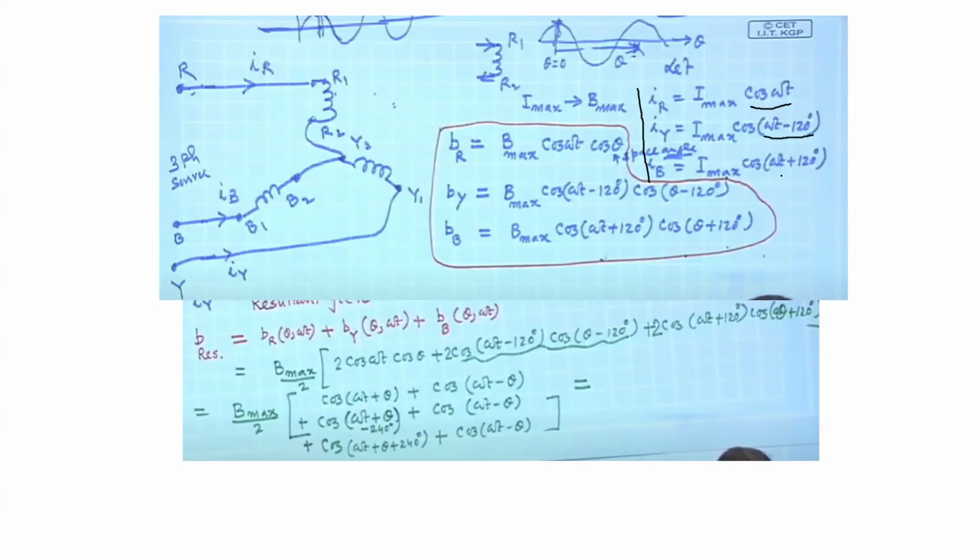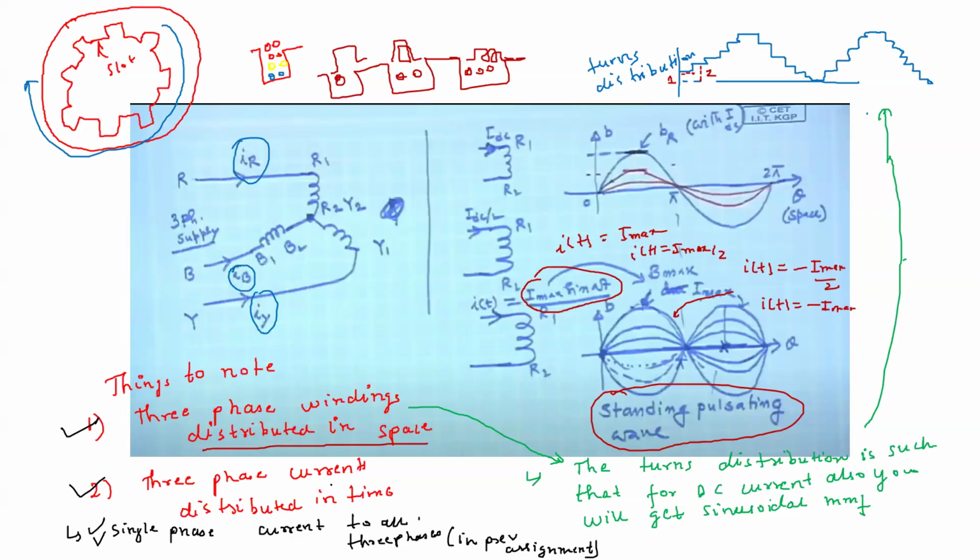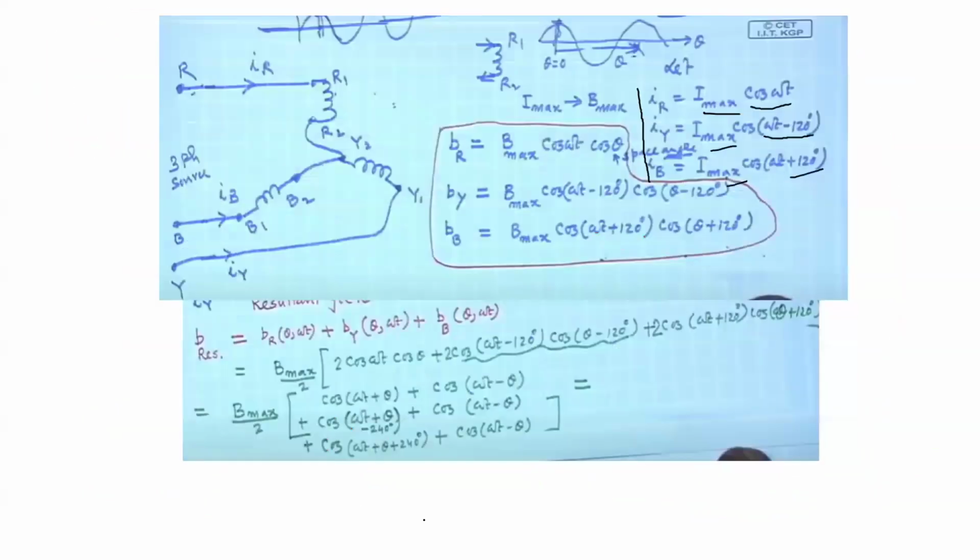Three phase balanced supply current means they have the same magnitude Imax, but there is a phase displacement of 120-degree. Okay, this is what is called three phase currents distributed in time.